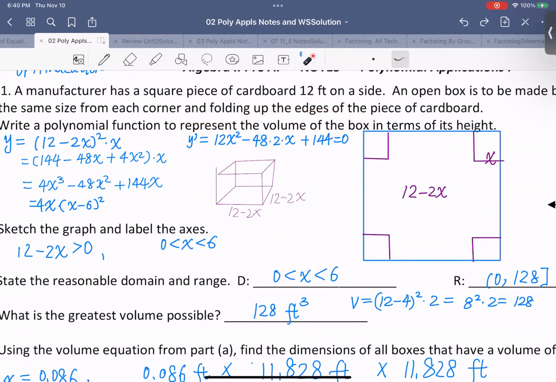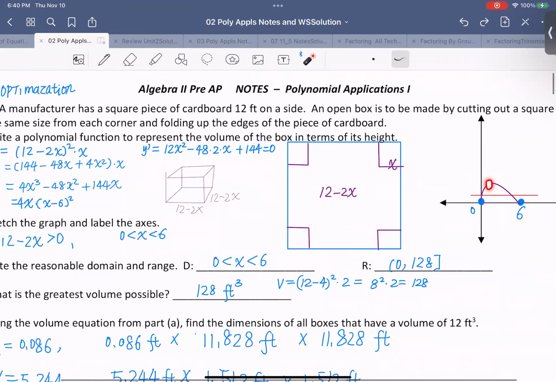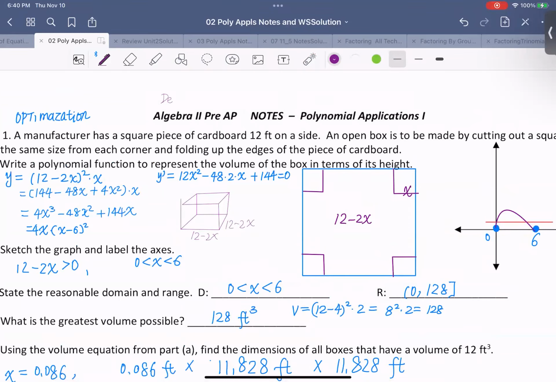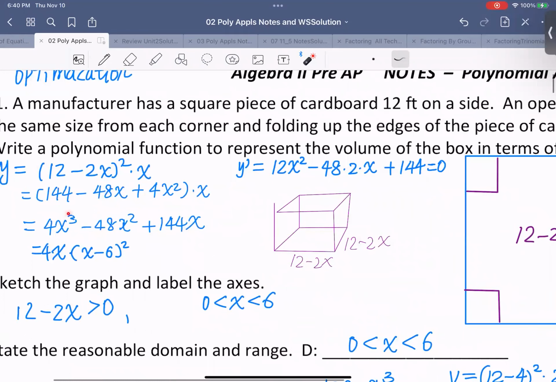The correct way for doing those kinds of point location is by something called derivative. So for this polynomial, when you want to do the derivative, this exponent is 3.